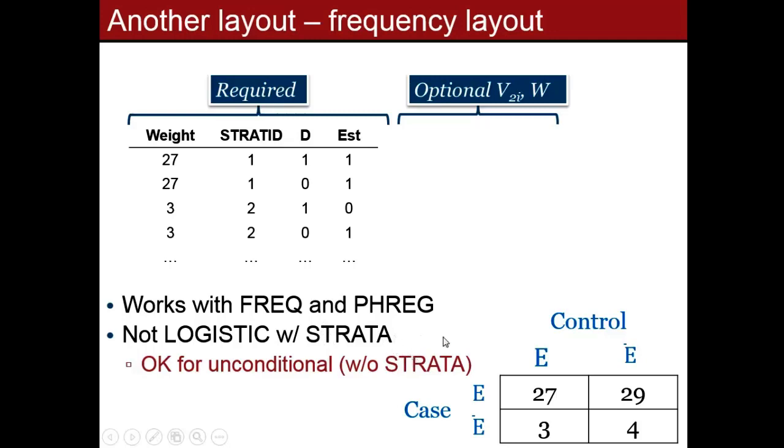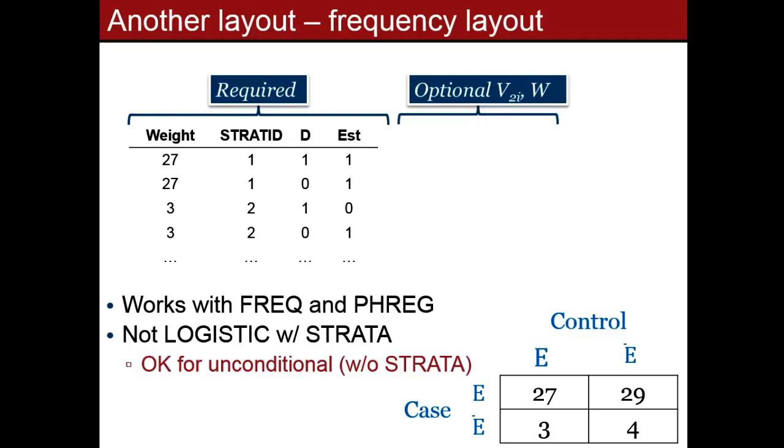You can't really do the WXYZ, or this variation where you say I have 27 cases that look like this, 27 controls. You have to actually use real respondent level data when you're using the strata statement. You can't use weights.